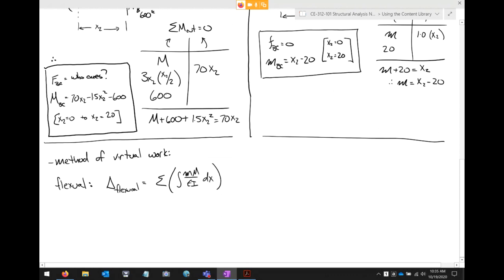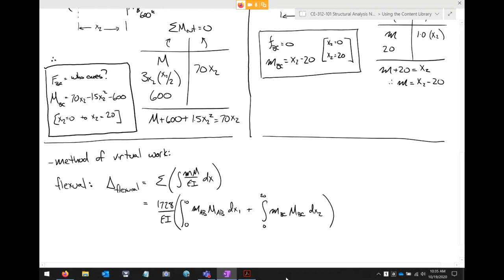To write that out, I'm going to say, okay, we have 1728 over EI times the integral from 0 to 10 of little MAB big MAB dx1 plus the integral from 0 to 20 of little MBC big MBC dx2.